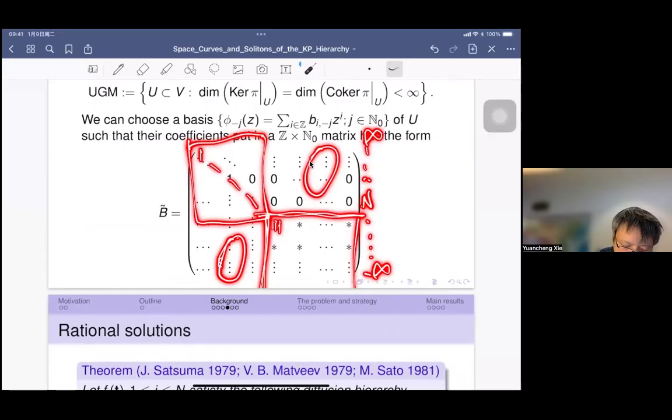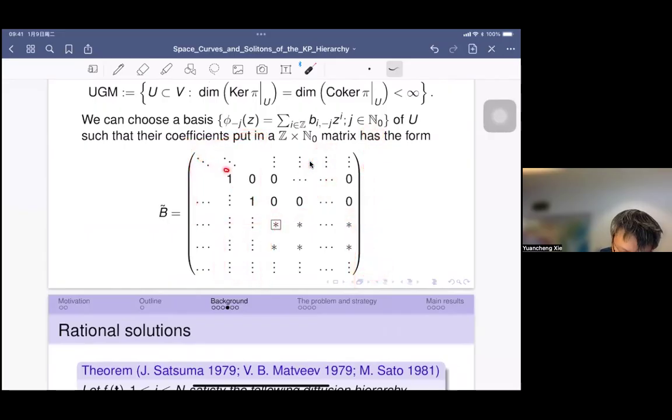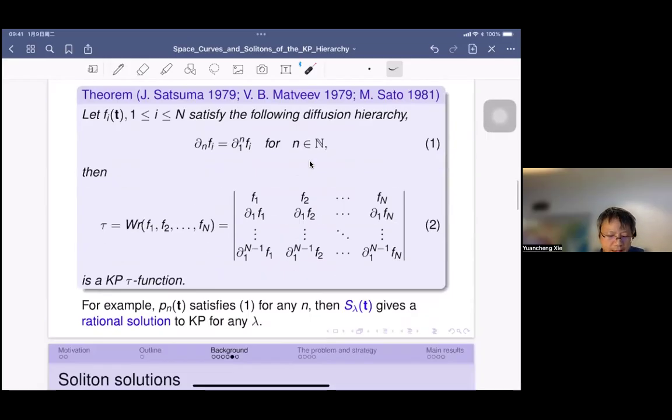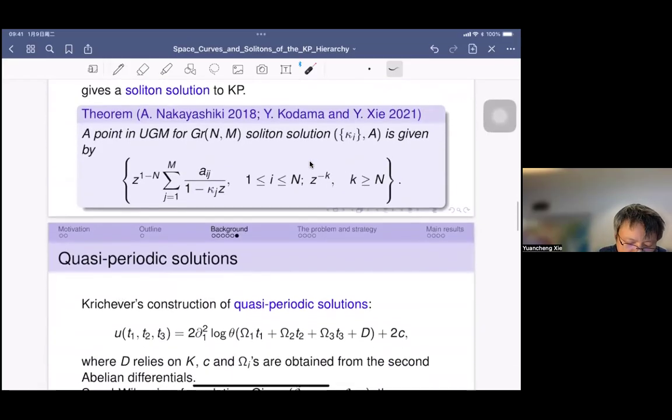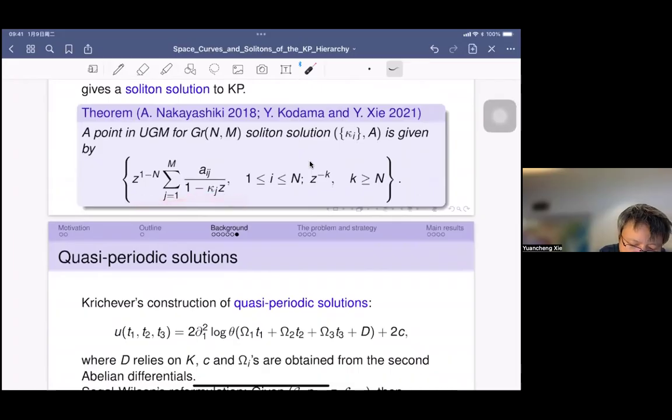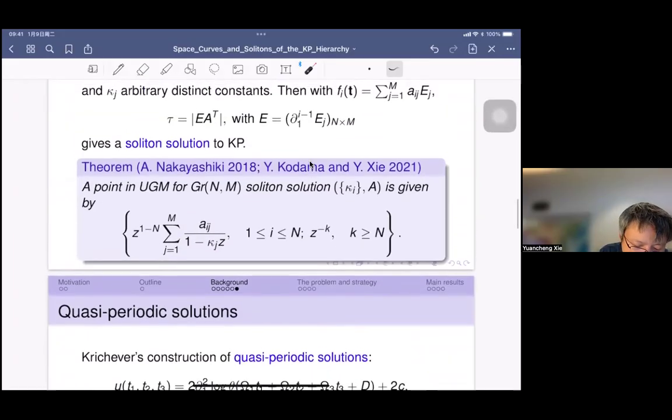And since this is the identity matrix, there are only finitely many non-trivial columns here. So we can take the determinants of the minors of these matrices B. That's allowed. Then we expand this in terms of z to the i, and their coefficients will give us a point in the universal Grassmannian manifold. So this is the second class of solutions of KP, called the soliton solutions.